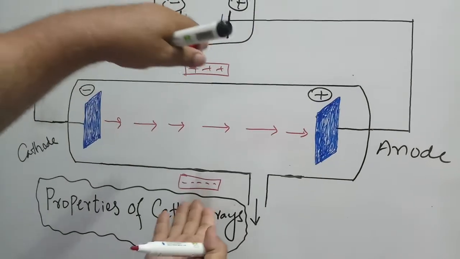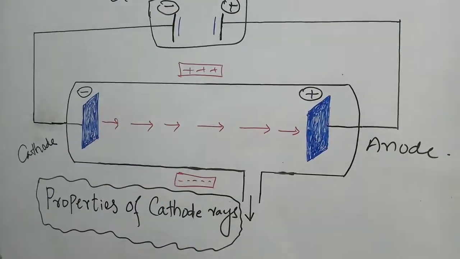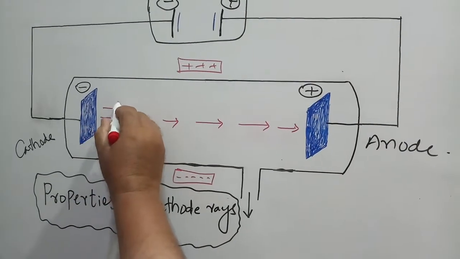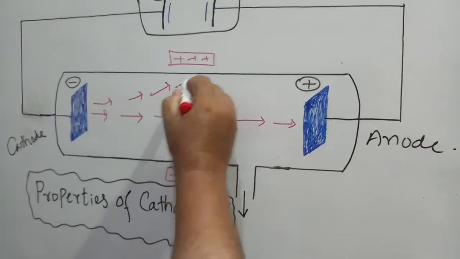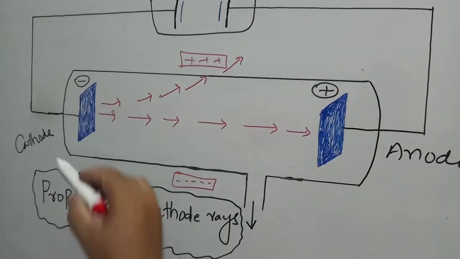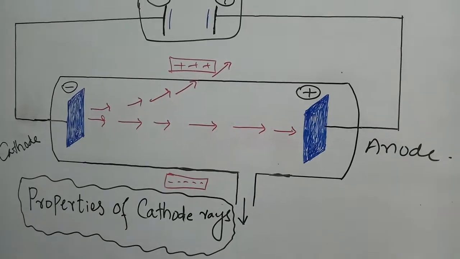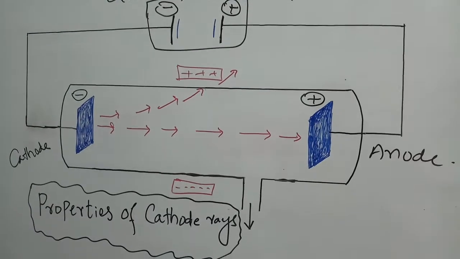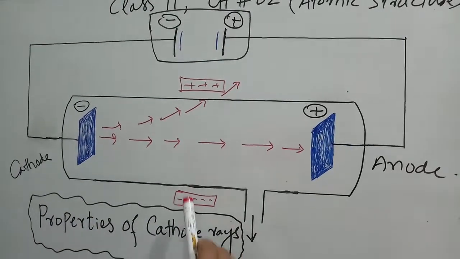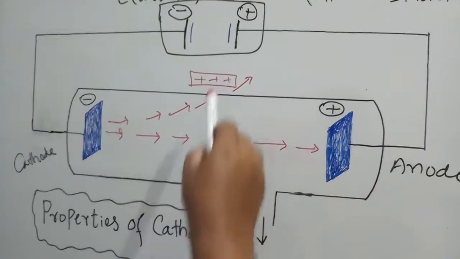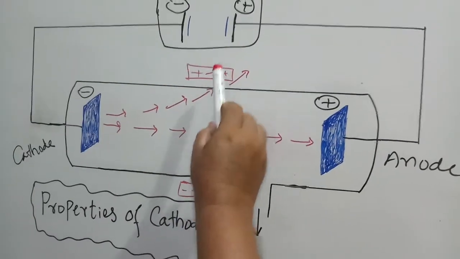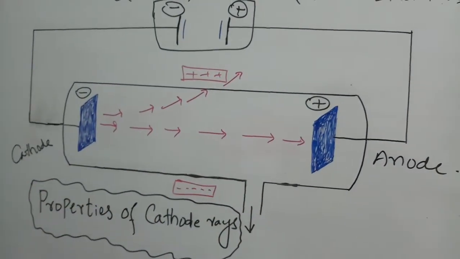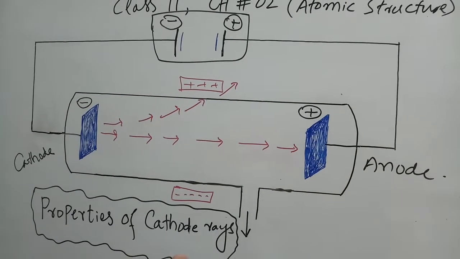When they applied an electric field perpendicular to the path of the cathode rays, they observed that the cathode rays bend towards the positive plate, indicating that they are themselves negatively charged particles. We know cathode rays are electrons, and they carry negative charge. This is one of the properties of cathode rays.